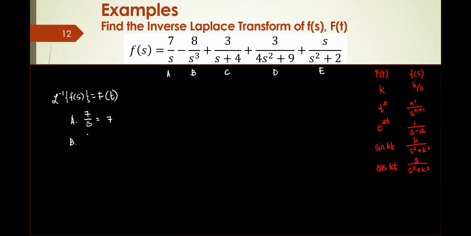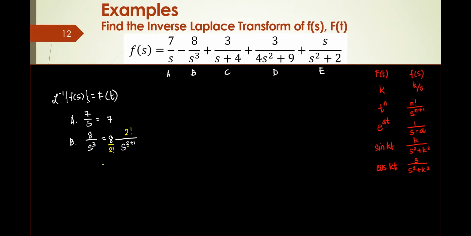Letter B, 8 over s to the third power. There is a problem. There's an s at the bottom. So maybe that's an s to the 2 plus 1. And then the 8, let's bring it out, just like in our integration. But then take note, if there's a 2, there has to be a 2 factorial on top.